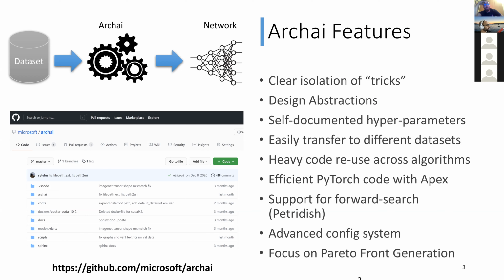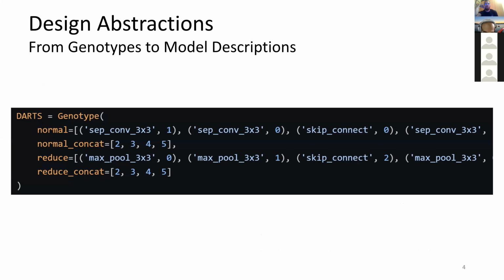And also, we want to be able to offer a framework to non-experts, so people having their own data sets can easily plug in their data sets and try out all these different algorithms. So let me quickly move on to what we mean by design abstraction.